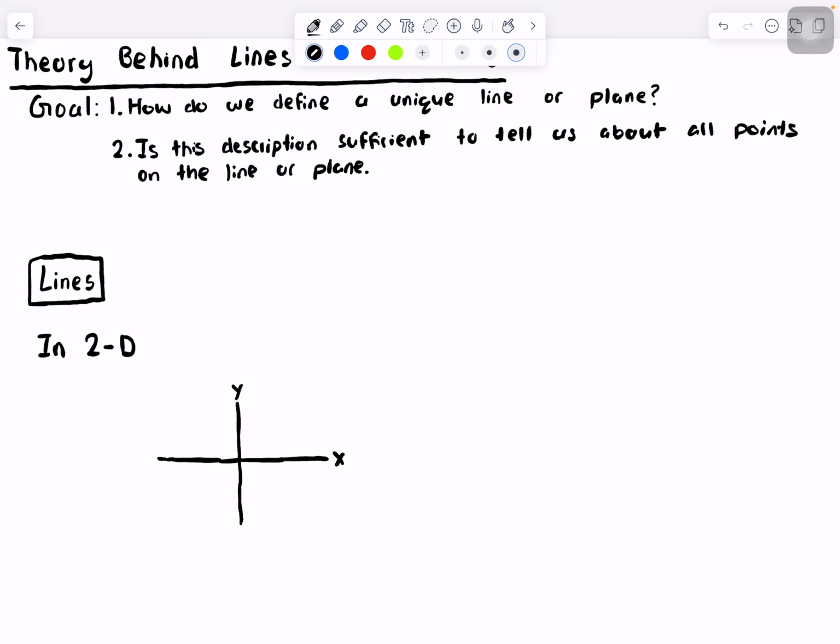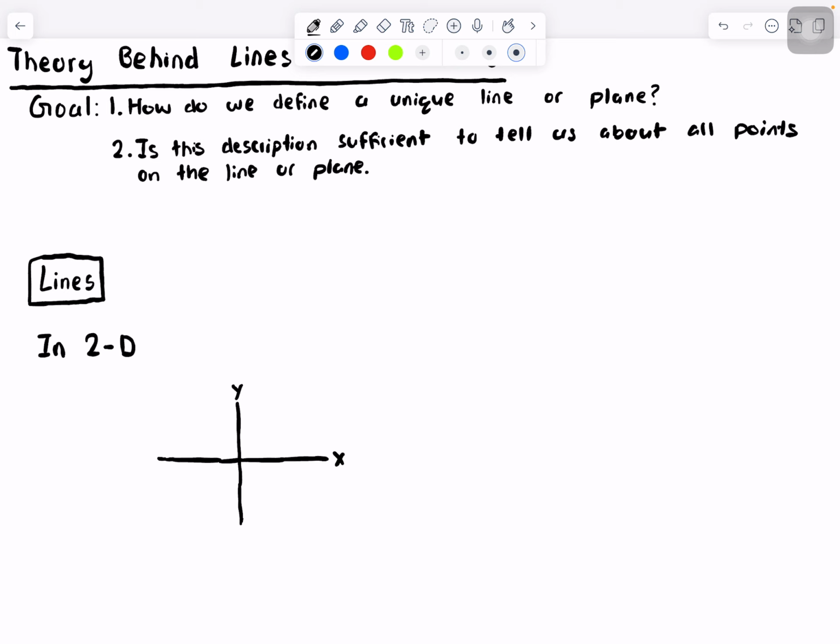So the first question asks us, what information do we need to have to actually pin down one line or plane? The next question asks, whatever information we got from goal 1, is that enough to tell us about every single point on the line or plane? Because that's at the end of the day what we want, right?